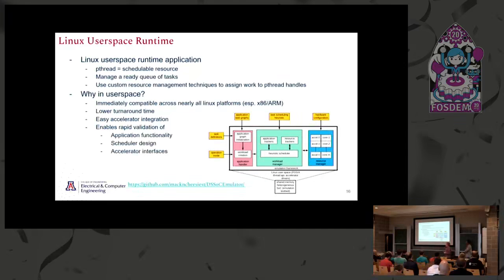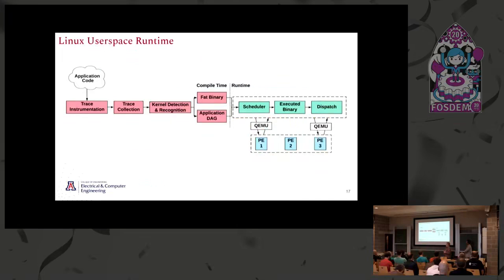And really, it just allows us to co-evolve both all the software the developers are writing, along with the hardware designs, all in kind of one easy environment. And so with that together, we end up with this overall flow that captures where the left-hand side is the dynamic tracing analysis and the right-hand side is the runtime.